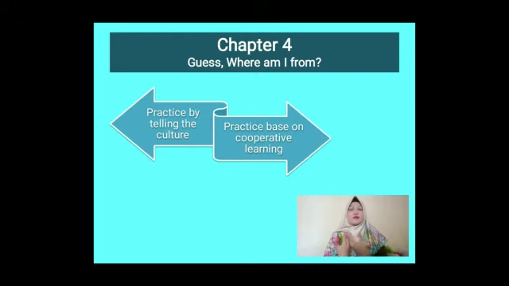And then next is practice based on cooperative learning, so they can tell their culture to anyone else, and they can interact with other people, like their friends or their groups or anyone else outside of their room.